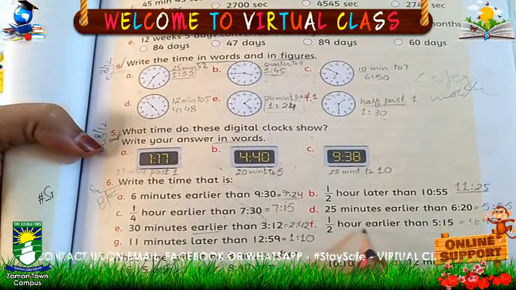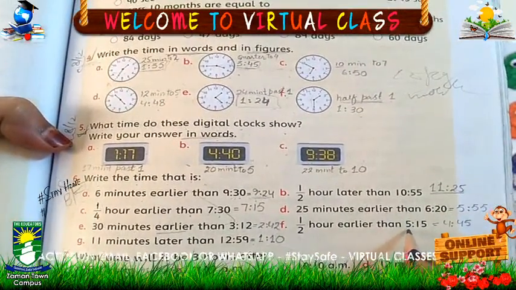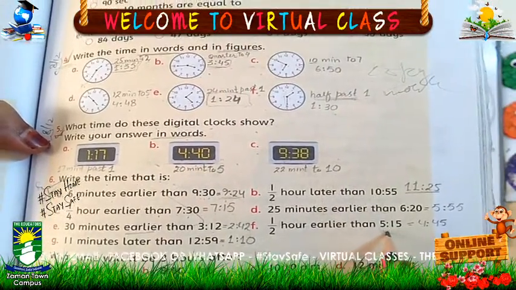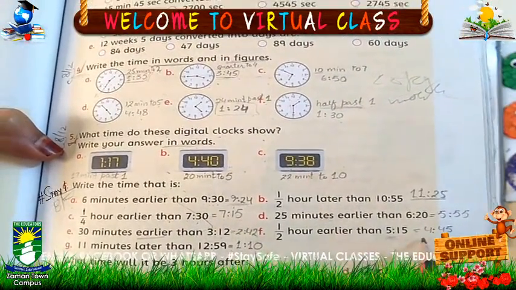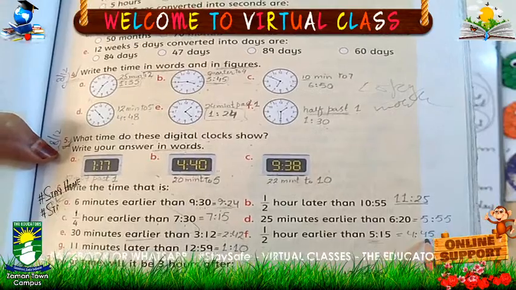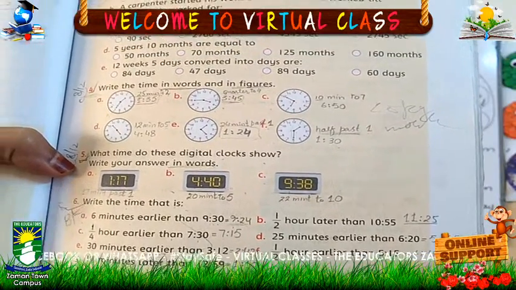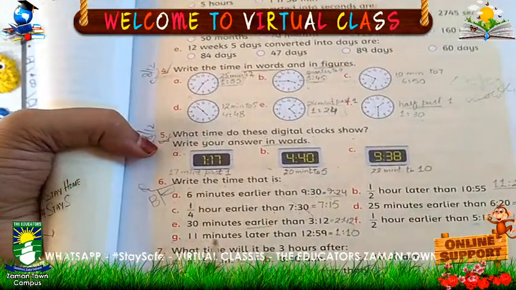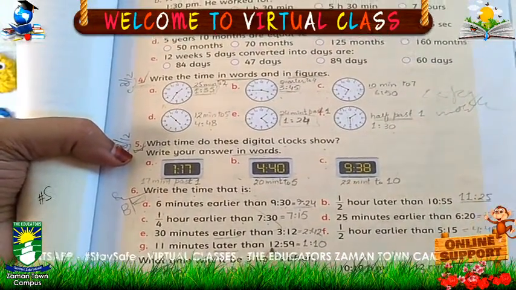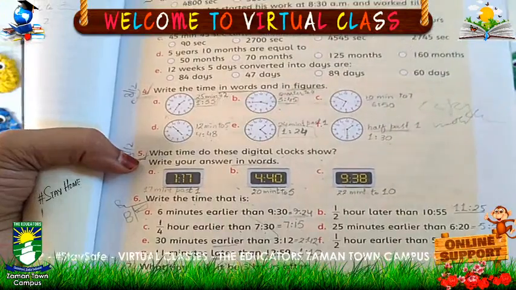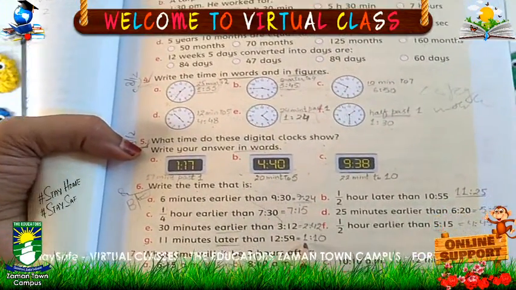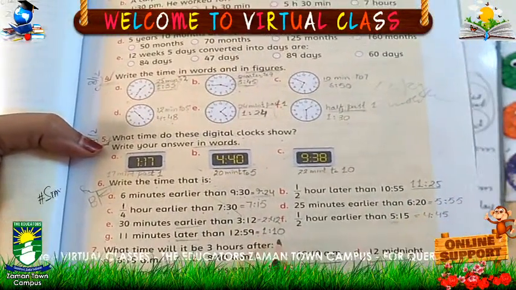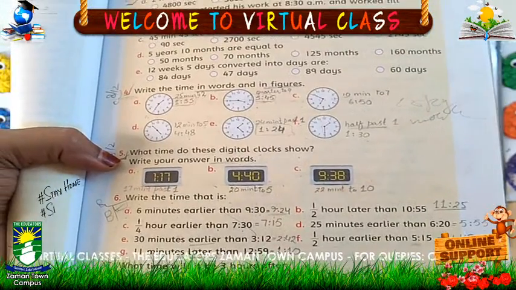Half hour earlier than 5:15 or quarter past 5. Half hour, it means we will write 4:45. Okay. Well, number G, 11 minutes later than 12:59. 11 minutes, 12:59. So the time is 1:10. Or we can say 10 past 1. Okay.